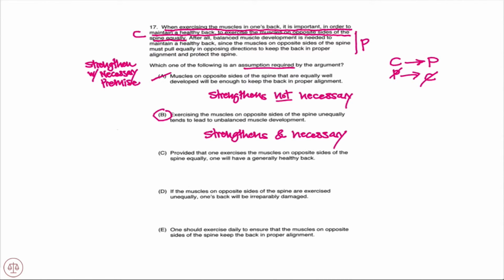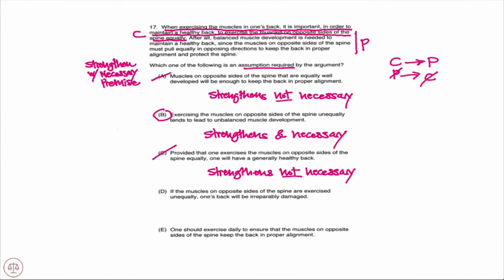But when we negate C to check to see if it's necessary, even if you exercise the muscles on opposite sides of the spine equally, you might not necessarily have a generally healthy back. Okay, fine, so it's not sufficient for having a generally healthy back, but that doesn't mean it can't help. Same problem in C as we saw in A, so C would be eliminated.